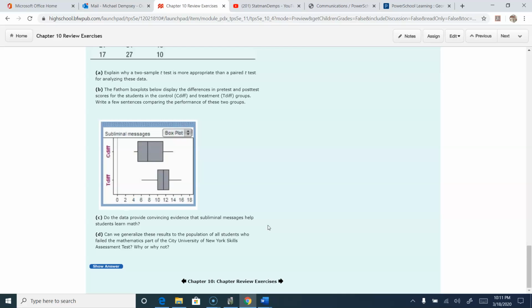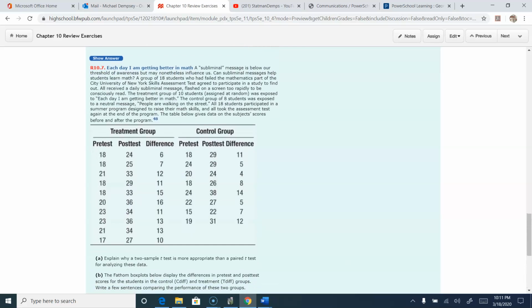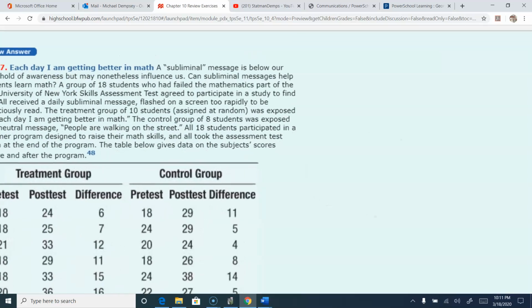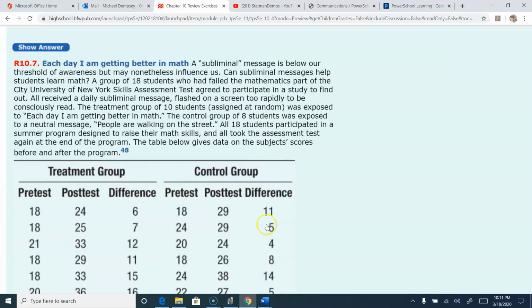Okay, and the last question is, can we generalize the results to the population of all students who failed the math part of the City University of New York Skills Assessment Test? So let's take a deeper dive into what they told us about who took this. A group of 18 students who had failed the assessment. So that's a sample of the population we're interested in. Students that failed agreed to participate in a study.